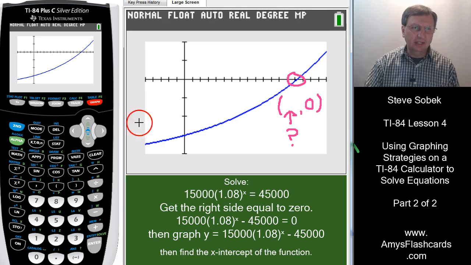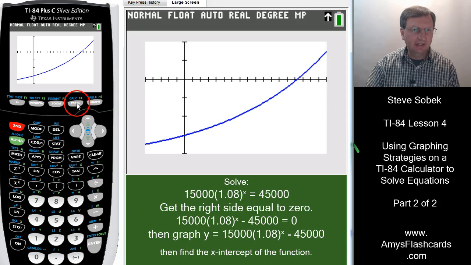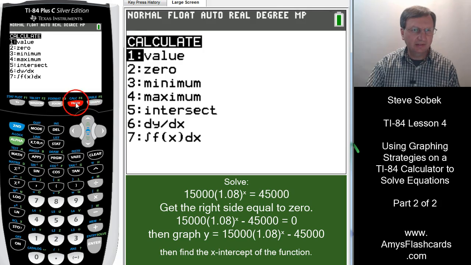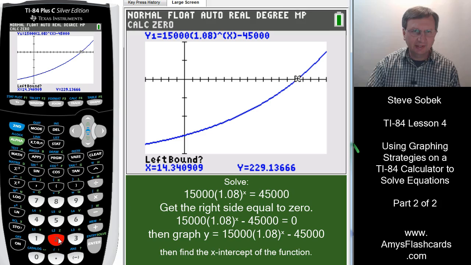All right, so on the calculator, we want to come over here. We get out of the pencil mode and hit second, calculate, right here above the trace key. To find the zeros of the function, or in this case, the 0 of the function, there's only one, we choose number 2. So we hit the number 2 button, and we have to answer 3 questions before it gives us the answer.